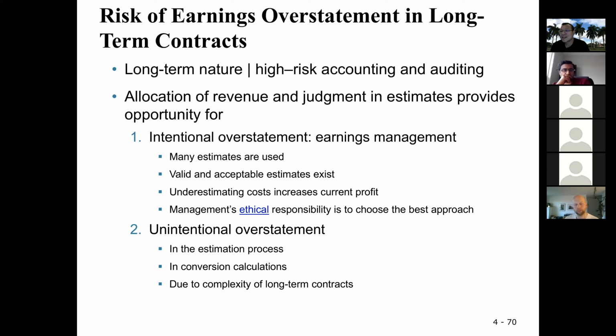So that's something the auditor will pay close attention to on the long-term contract. If you learn about auditing later on, you will know auditors pay close attention to long-term contracts, because there are so many things that can be taken advantage of and manipulated by the managers.